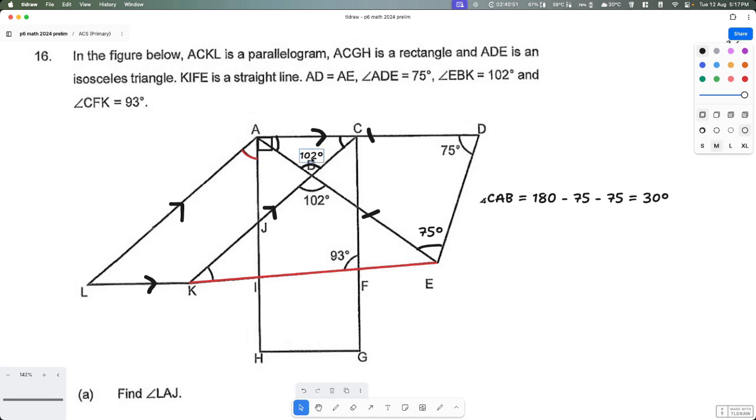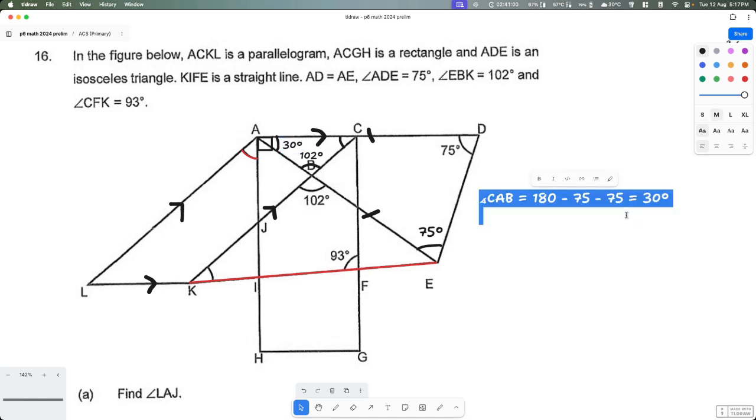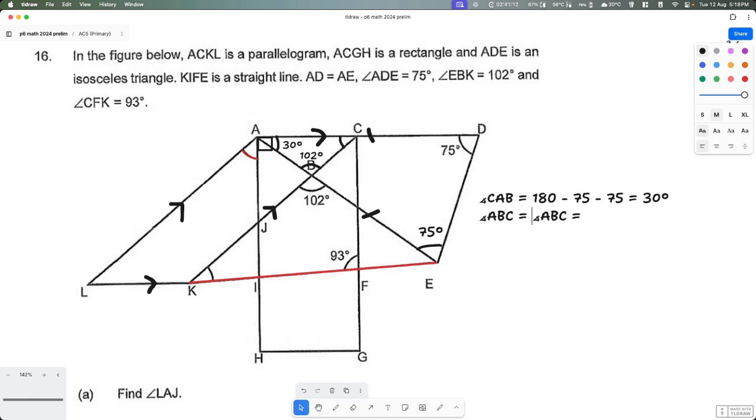I'm going to put this over here. Then the next thing is angle ABC. ABC is equal to, so this angle is equal to EBK. I'm going to write it there.